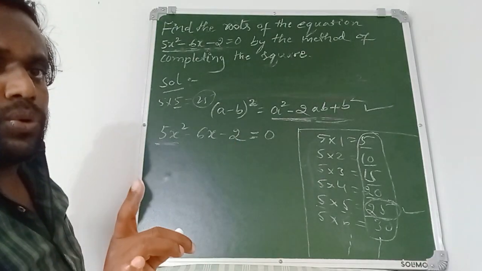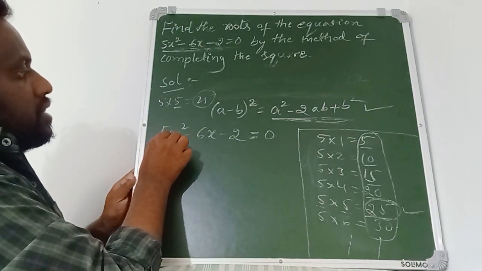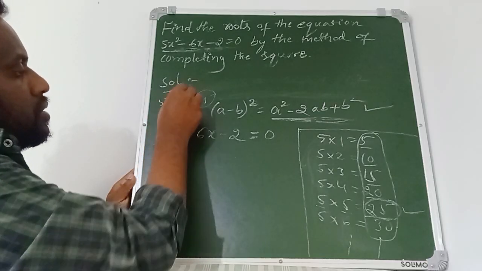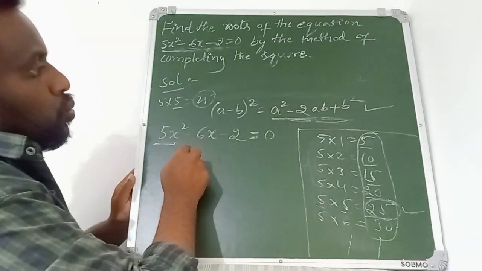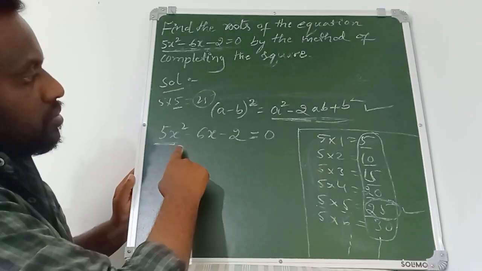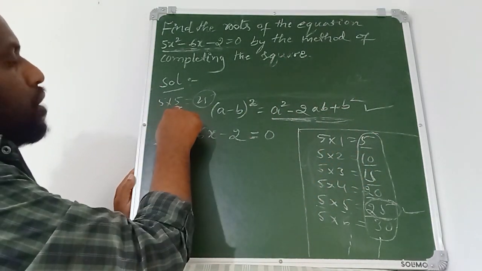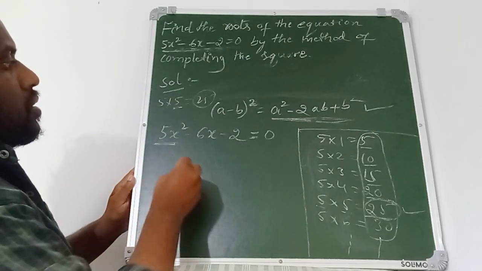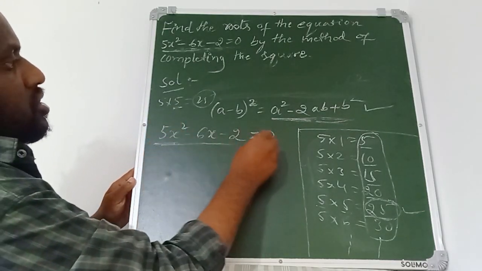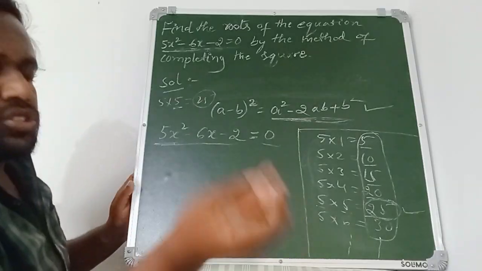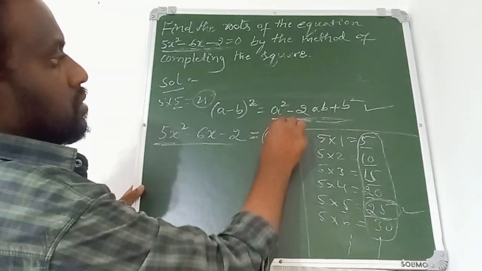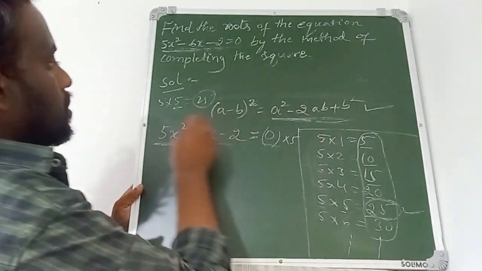For that, what you have to do? If you multiply this by 5, throughout the whole equation we have to multiply by 5. This is LHS, this is RHS. So both sides you have to multiply by 5.